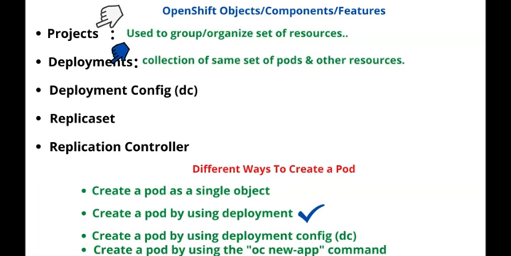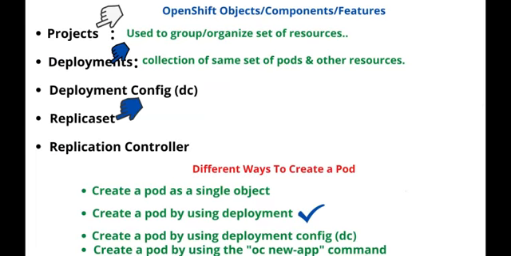It's a collection of some set of pods and other resources, and using deployment to create a pod manages the applications or pods holistically, because the pod will be managed by deployment accompanied with other resources and features that come with deployment. And one of these features is the replica set.